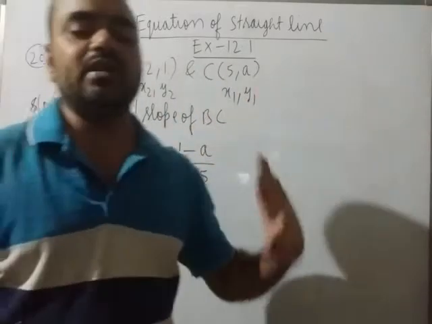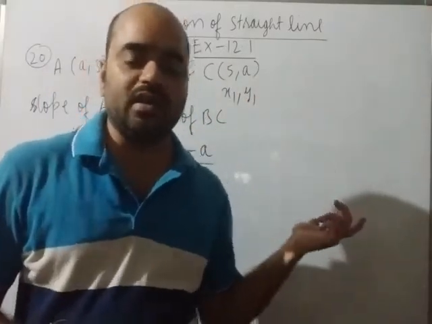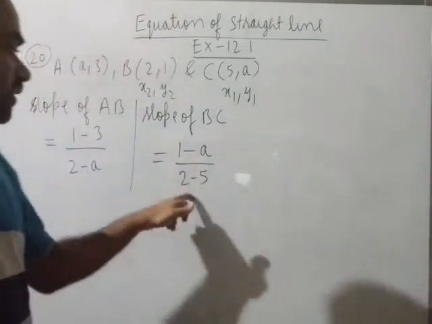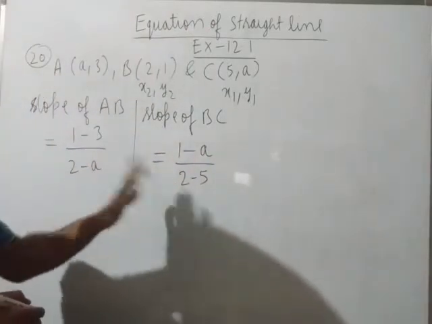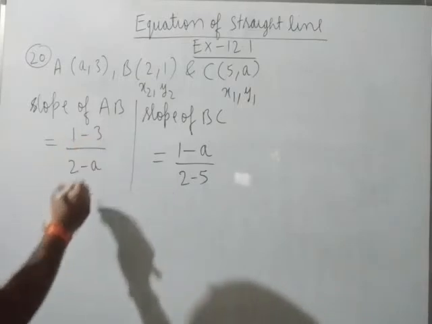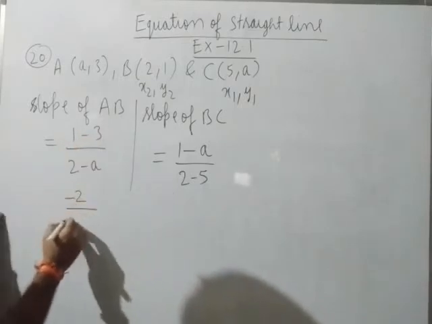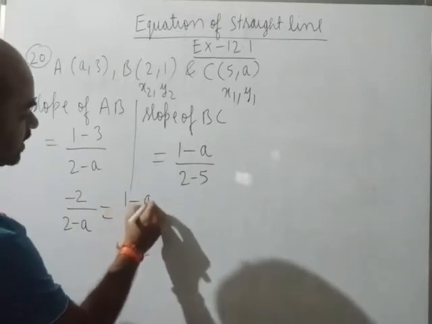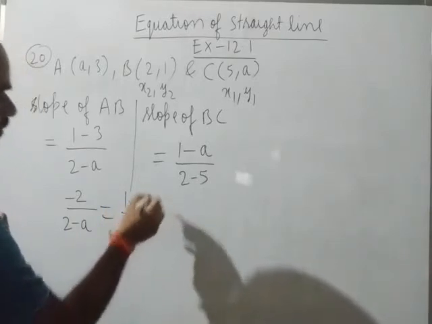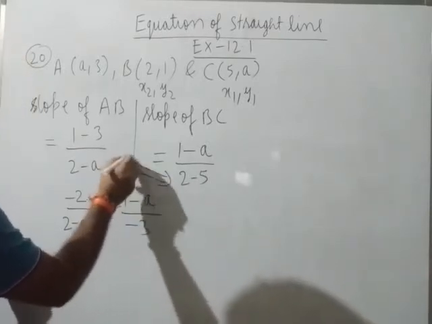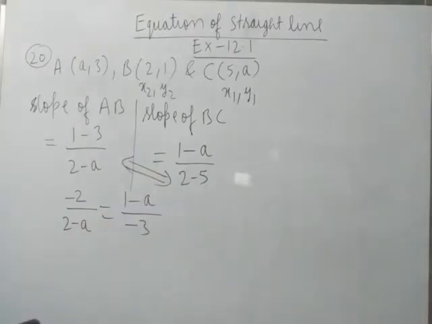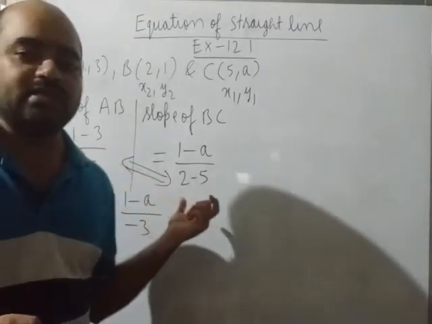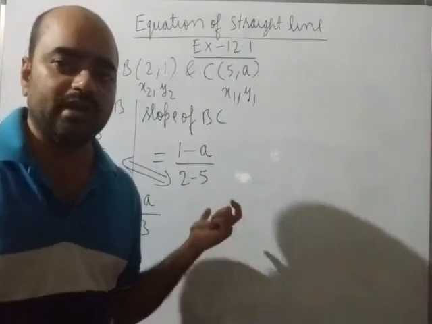Also you can calculate the slope of AC, but it is not required. If the points are collinear, these two slopes will be equal. It means minus 2 upon 2 minus a is equal to 1 minus a upon minus 3. Both will be the same. Correct? Why are both the same? Since the points lie on the same line.